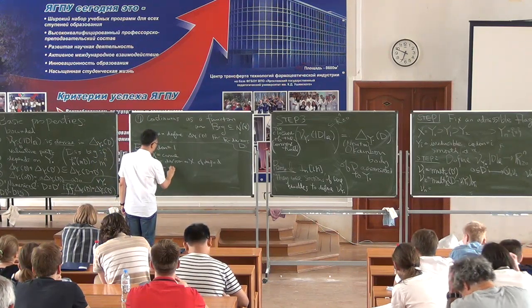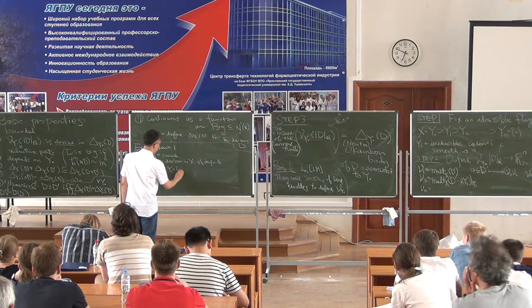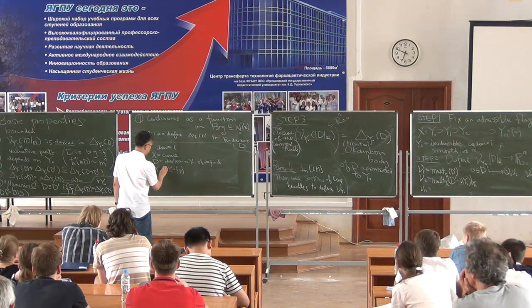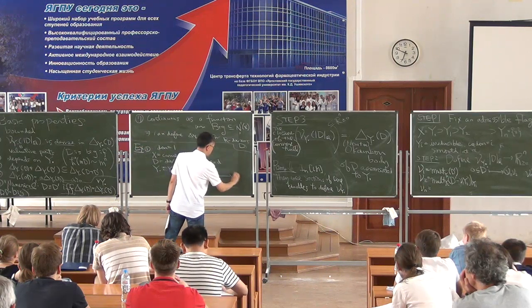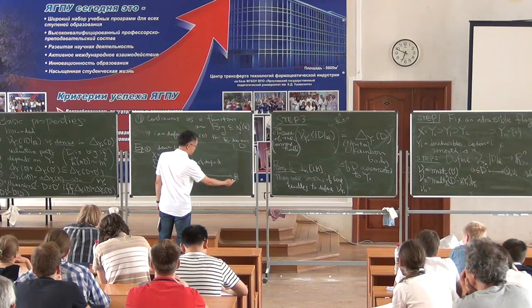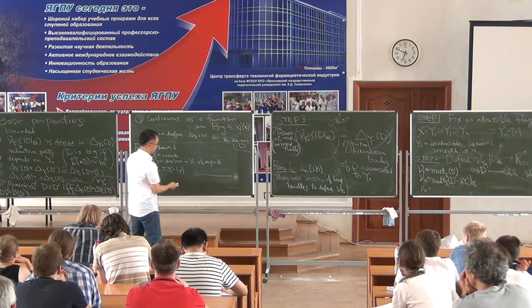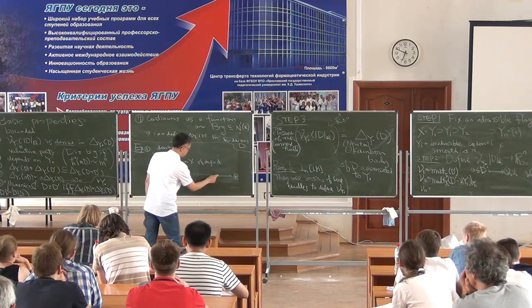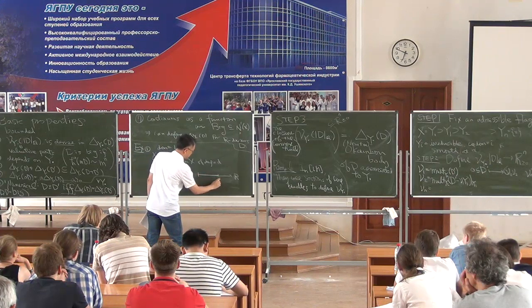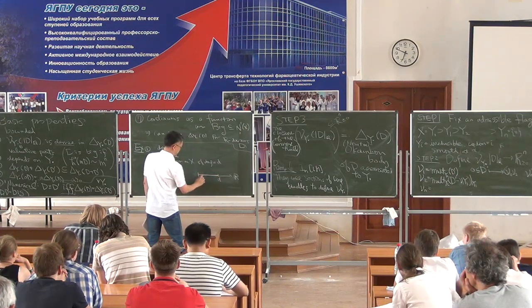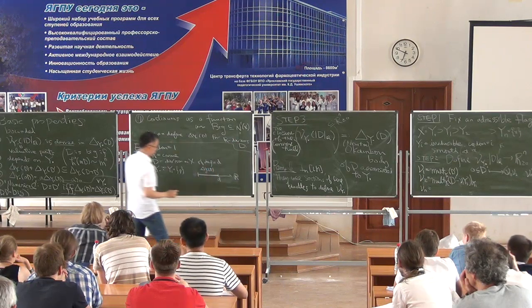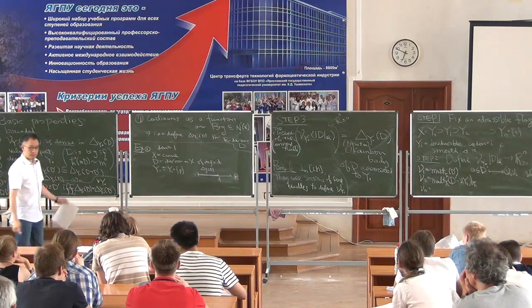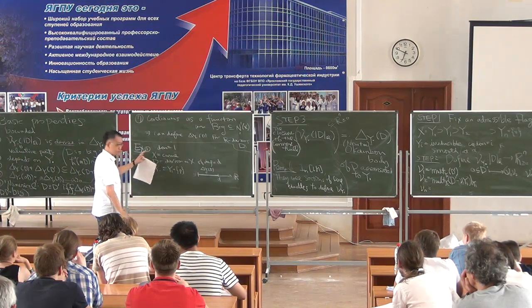You only have Y1, which is a point. In this case, the Okounkov body lies in the real line, and it's easy to see that it's just this interval, from 0 to d. This is almost obvious.